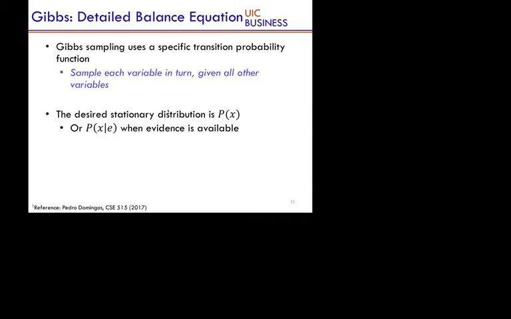I'll draw x1's first coordinate as a sample from the probability of x1 given x2 equal to 0, x3 equal to 0, and so on, up to x6 equal to 0. The subscript means the coordinate of these random variables in the graph, or just the coordinate of the joint distribution.